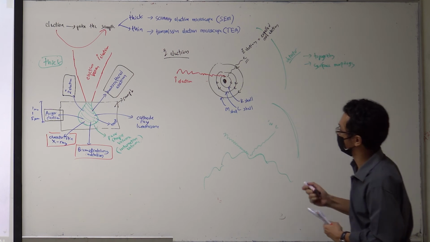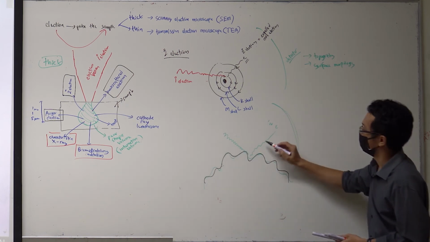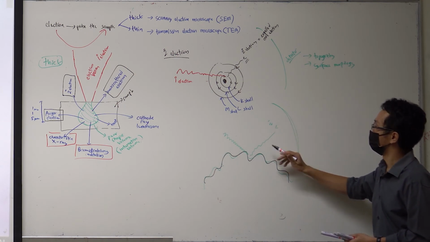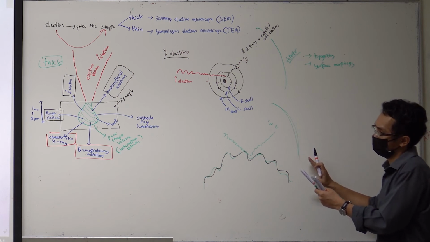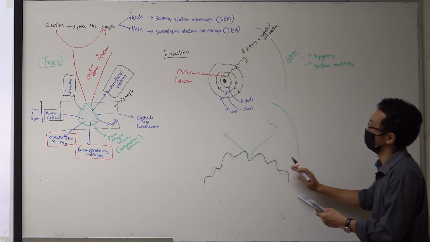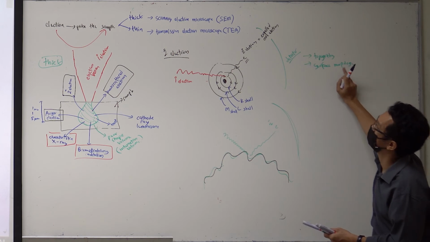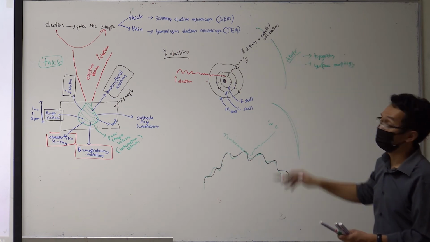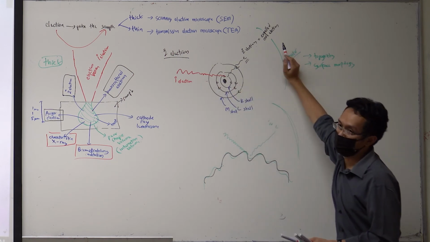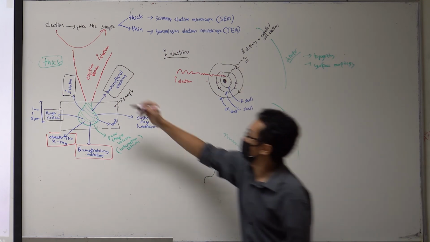Different sample morphology will give different amounts of expulsion of this secondary electron, and from that the detector will give you the image. So the image, the topography and the surface morphology, comes from this secondary electron. It is basically the core electron that is expelled from the substrate atom. So that is secondary electron.